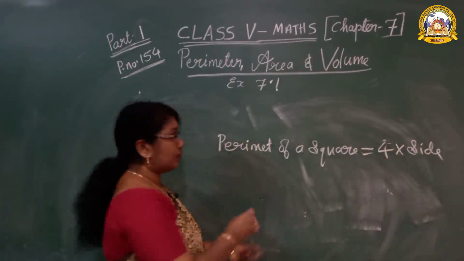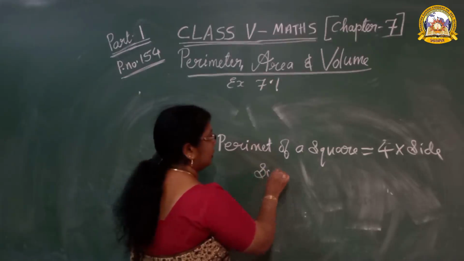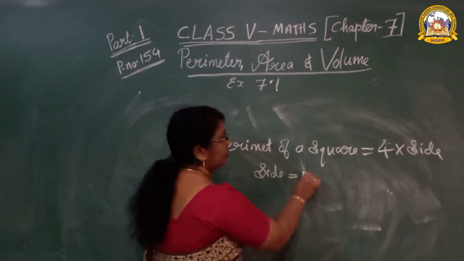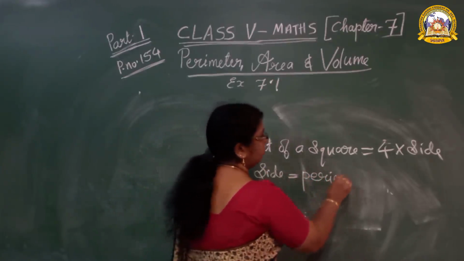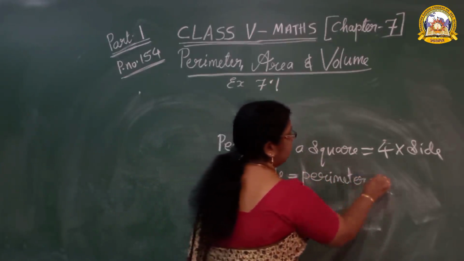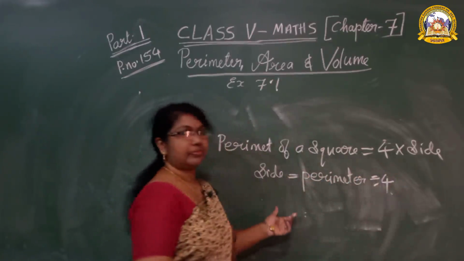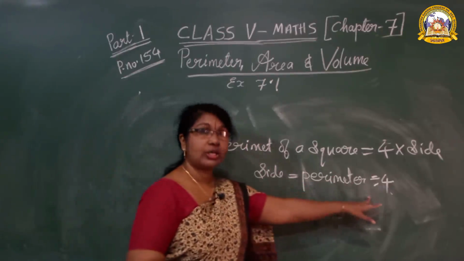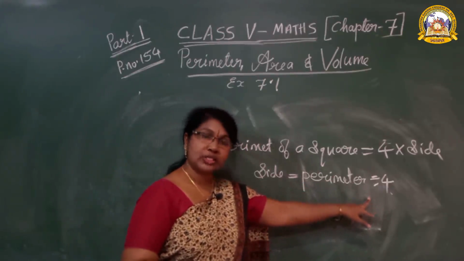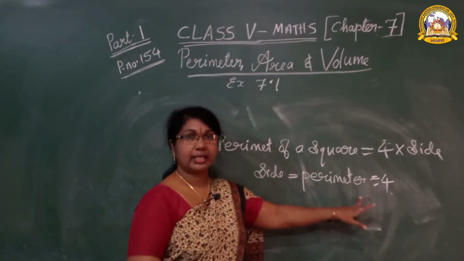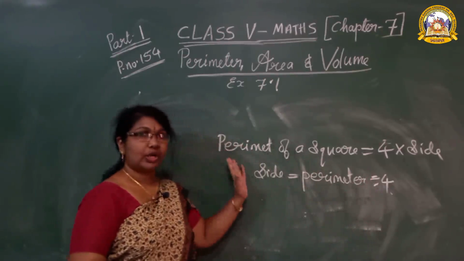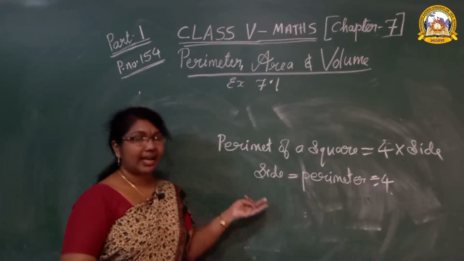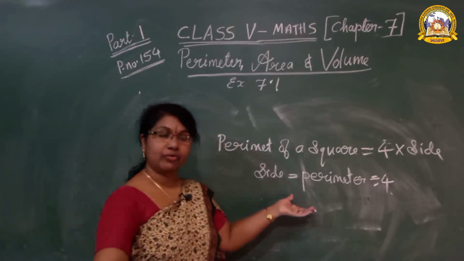Then how to find out one side of a square? One side is equal to perimeter divided by 4. The sum of 4 sides is given. Why are we dividing by 4? Because in a square 4 sides are equal. We know in a square all sides are equal, all angles are equal. That we studied in the 4th class.